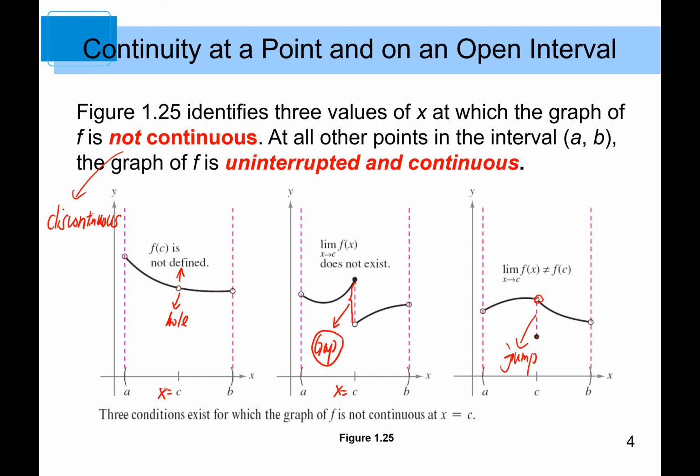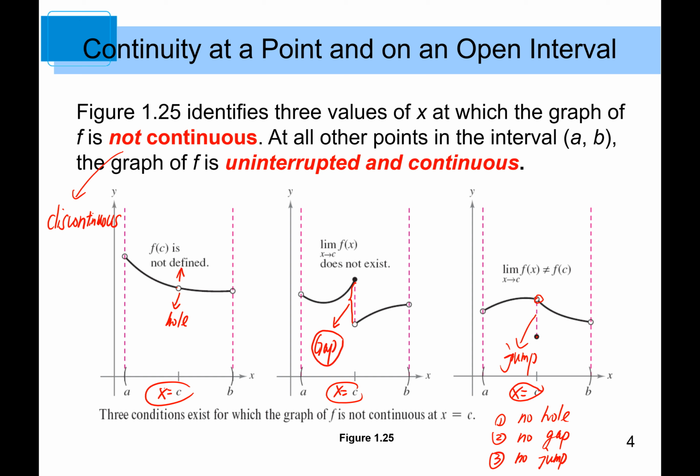When you have either one of these cases, we know that the function is not continuous at x equals c at that point. Okay, so in order to qualify to be a continuous function, a continuous graph, first one, no hole, second, no gap, third one will be no jump.